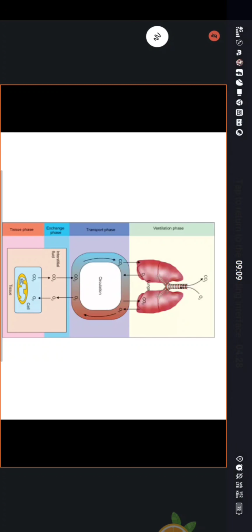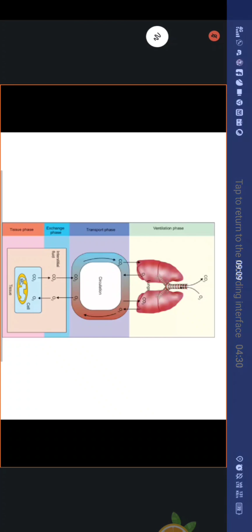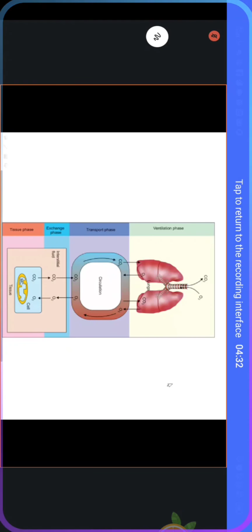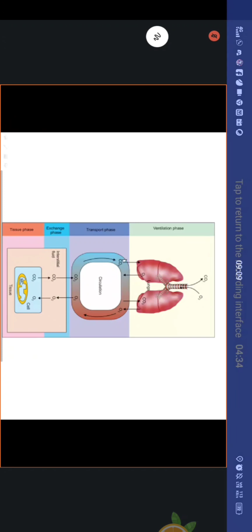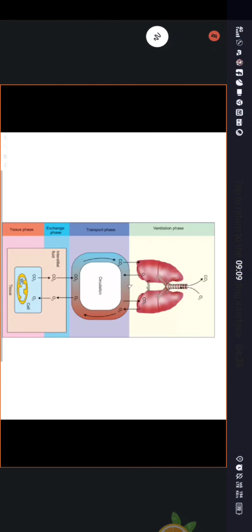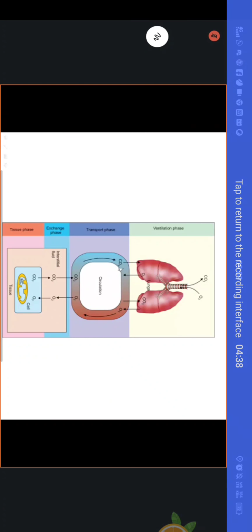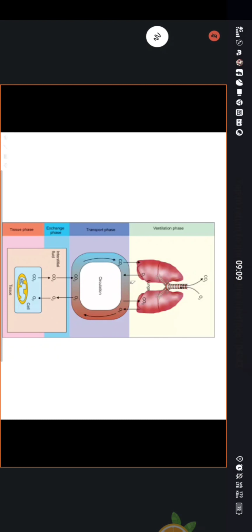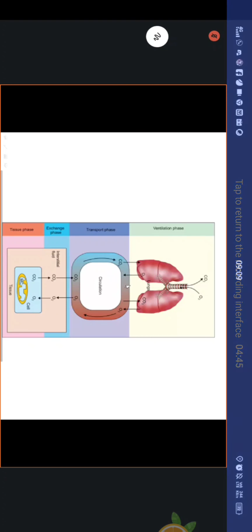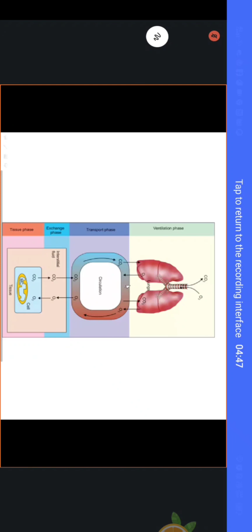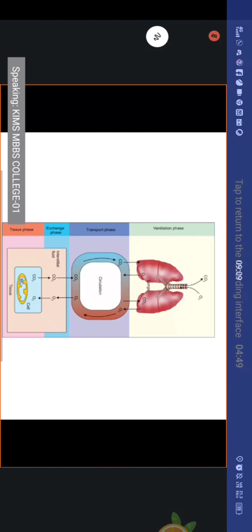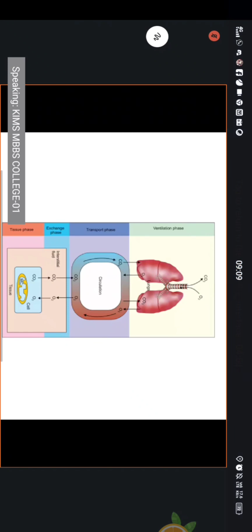Epithelium of the alveoli. Then comes the basement membrane of the alveoli. And usually between the alveolus and blood capillaries, there is a space, the interstitial space. Then comes the basement membrane of endothelium cells, then endothelial cells of capillaries. Also, after reaching the capillary, it should enter the RBC.